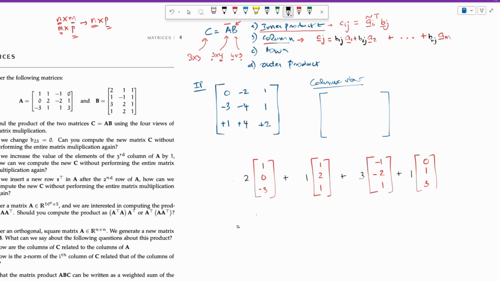That will give me 2, 0, minus 6, plus 1, 2, 1, plus minus 3, minus 6, 3, plus 1, 0, 1, 3.